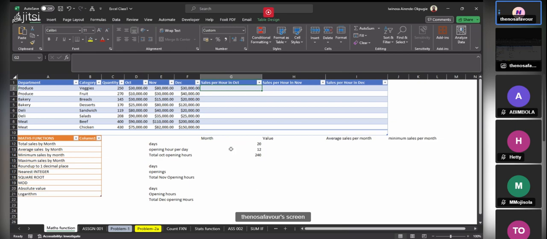Let me try it here. So equals D2, divided by G14. Now, for you to lock this, your cursor should be in between G14. Now that my cursor is here, if I press F4, do you see what happened? I've been able to lock that cell.